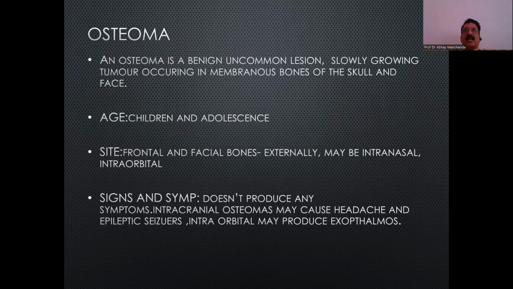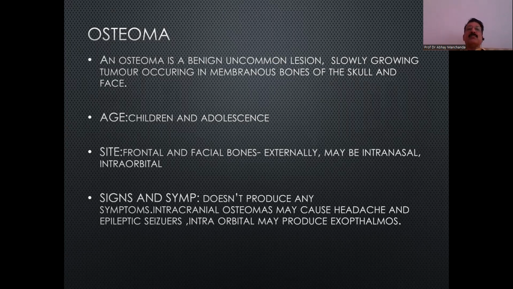Now, after having this brief introduction about the basic patterns of a tumor, we will try to learn each tumor individually, how it behaves, how to diagnose, how to treat. First of all is osteoma.